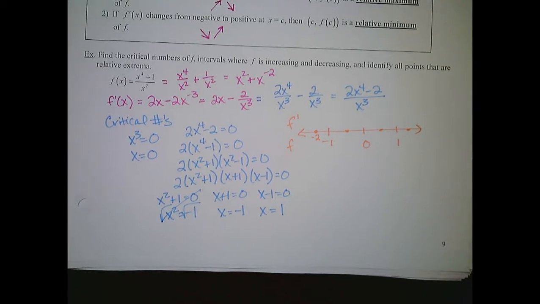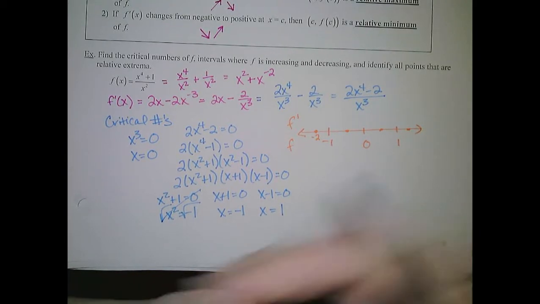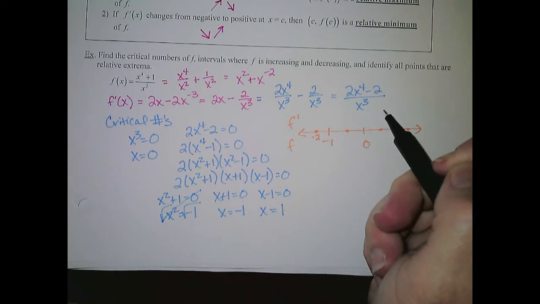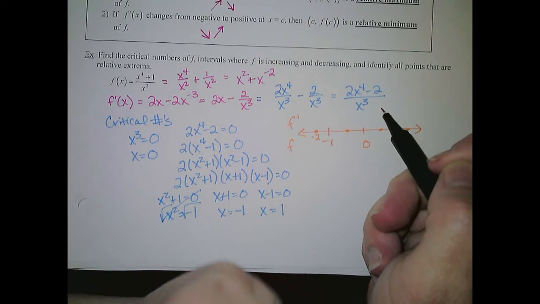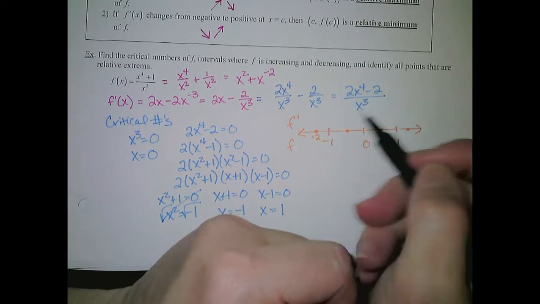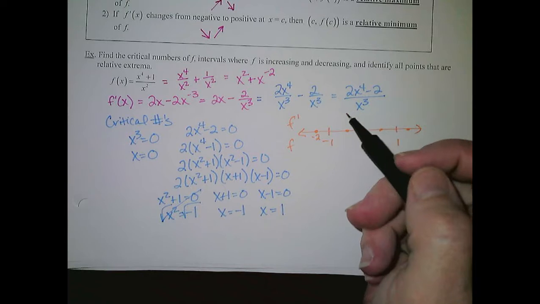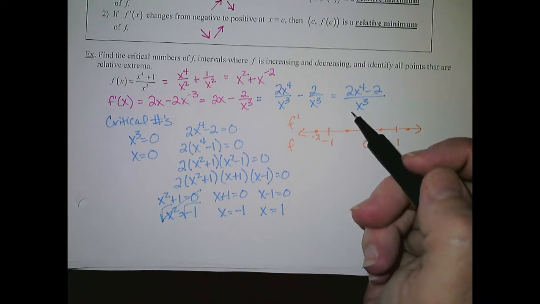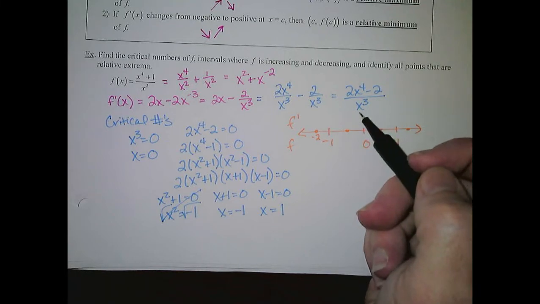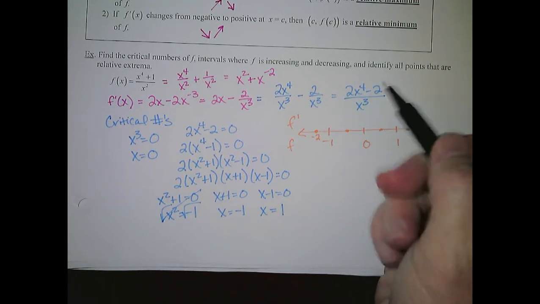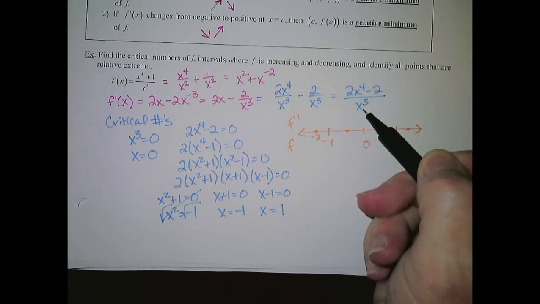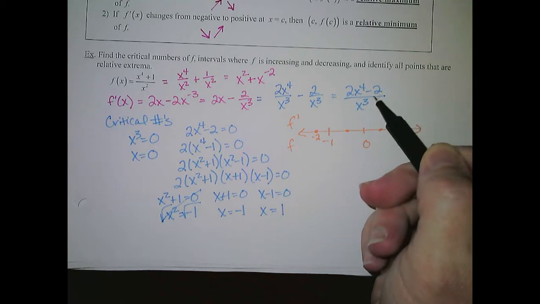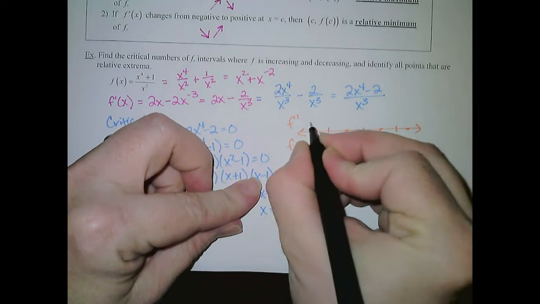So the numerator would be positive. But then the denominator, when I cube it, -2 cubed is going to give me a negative number. I don't necessarily have to know the exact value of the derivative. Really, all I need to know is whether the derivative is positive or negative. And in this case, at -2, my numerator will be positive, my denominator will be negative, and a positive divided by a negative is going to give me a negative value.